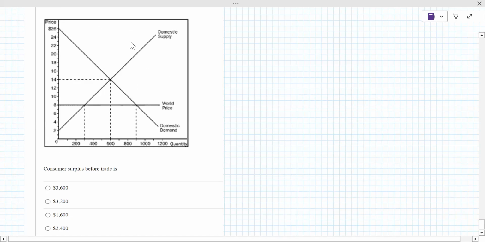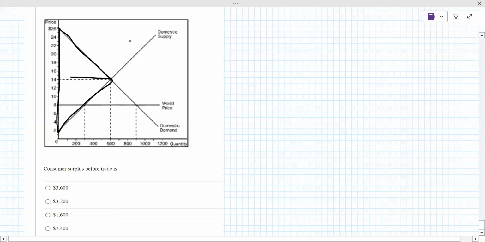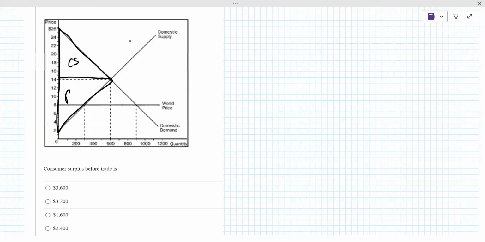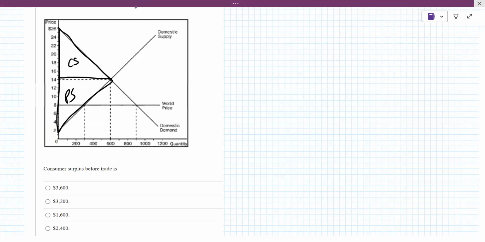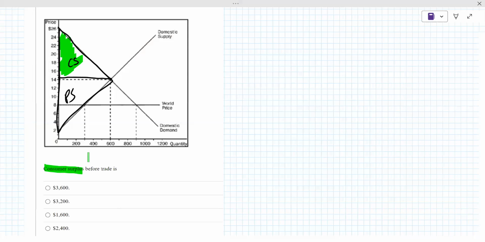The surplus triangle is always this one on the left, and it's always cut in half. The top is consumer surplus and the bottom is producer surplus. When it's asking for consumer surplus, it's asking for the area of this triangle here.